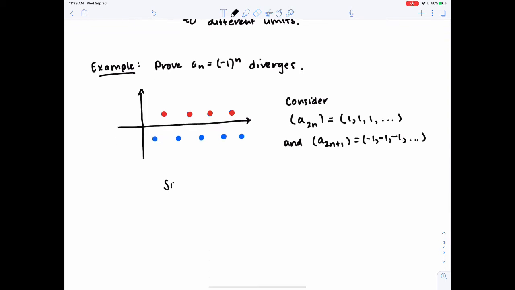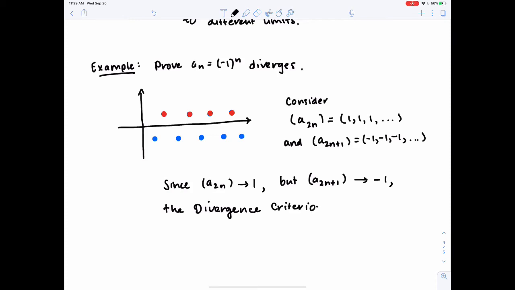And so to apply the divergence criterion, I just need to point out that these two sequences converge to different values. So since a_{2n} converges to 1, but a_{2n+1} converges to -1, the divergence criterion implies that a_n diverges.